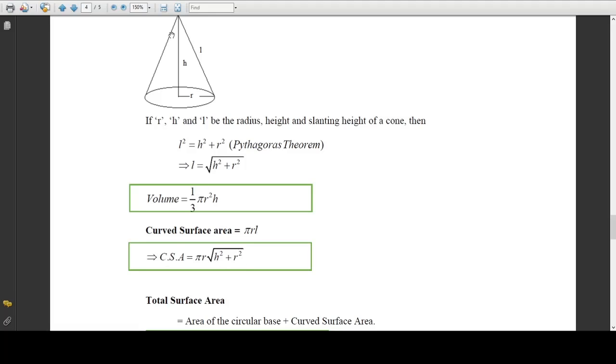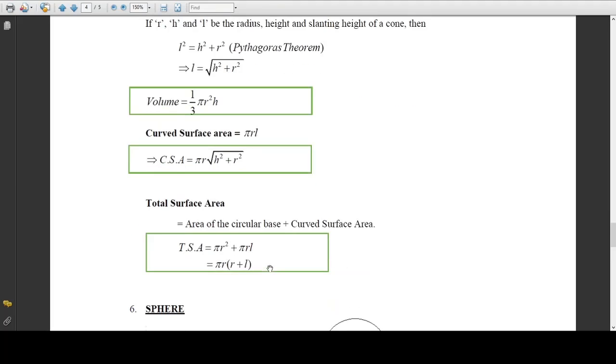It is the curved surface area plus the area of this circle. Pi r l, curved surface area, plus pi r square, which is the area of the circular base, will be the total area of a cone, pi r times r plus l.